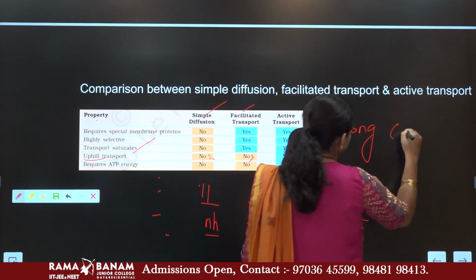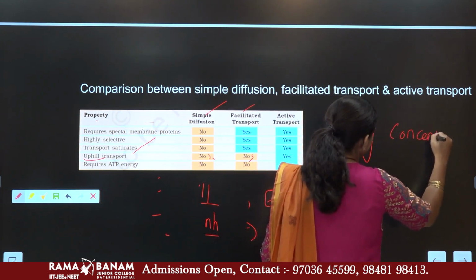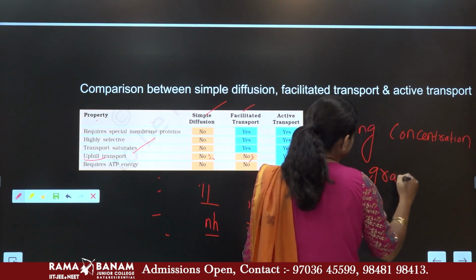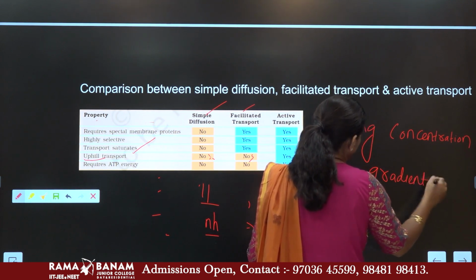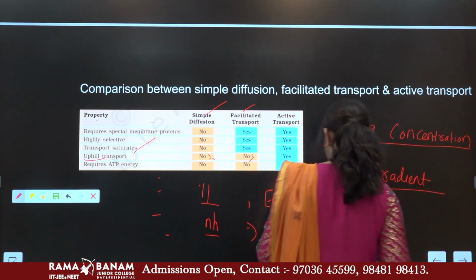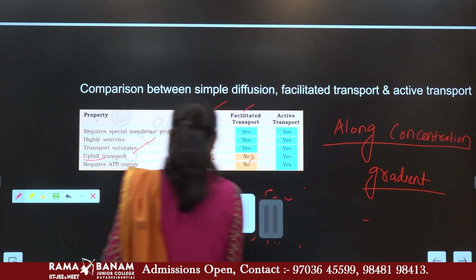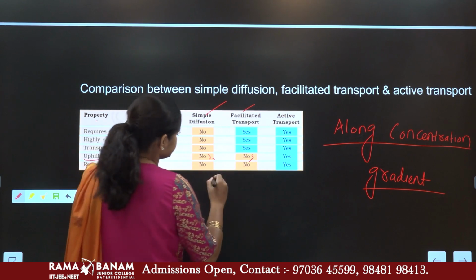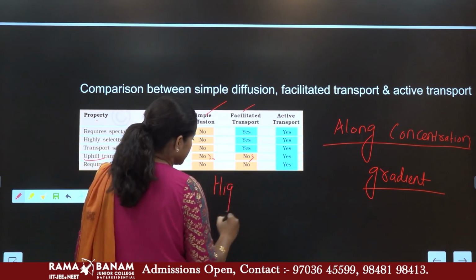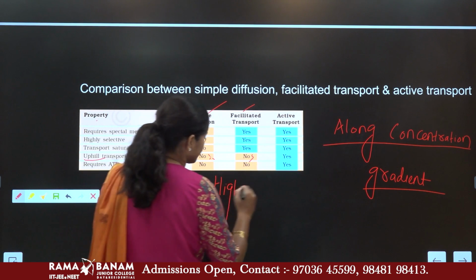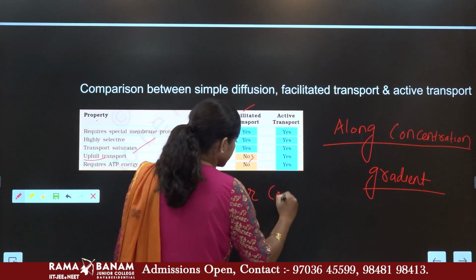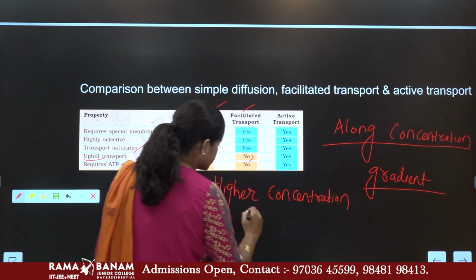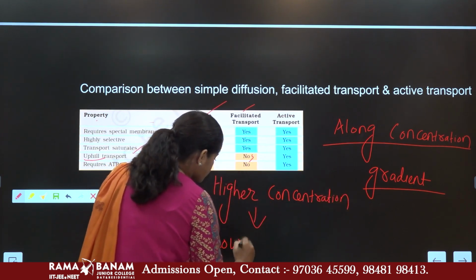along concentration gradient. What is the meaning of concentration gradient? What is gradient meaning? It means movement of any molecule is happening from higher concentration towards lower concentration.